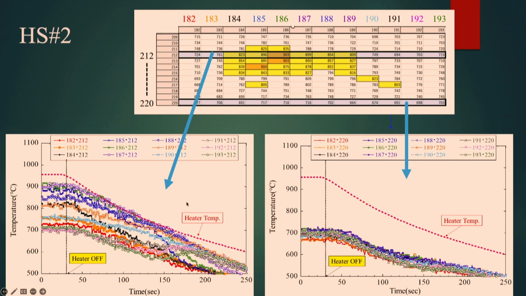Okay? And if we look at hotspot 2, in this case, we have hotspots here exceeding 800 degrees. And if we look at the temperature change for each pixel plotted along the horizontal axis here, similarly, we can see a large temperature gradient, about 200 degrees, along this axis like this.